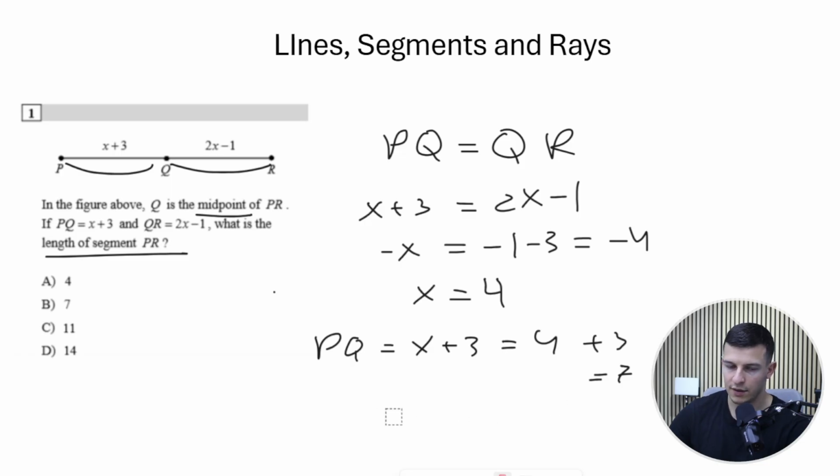Because PR, the whole thing, is 2 times PQ. PR is equal to PQ times 2, right? We could find QR as well. It will be the same thing. QR is equal to 2 times 4 minus 1, which is also 7. So the answer is going to be 7 times 2, which is 14.